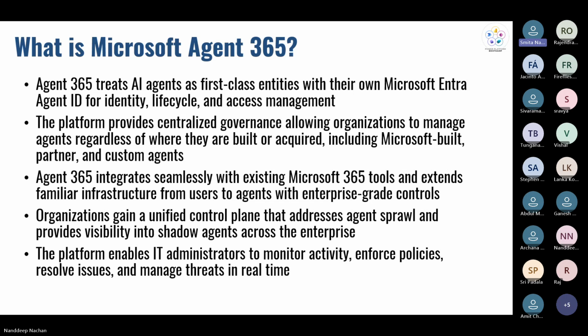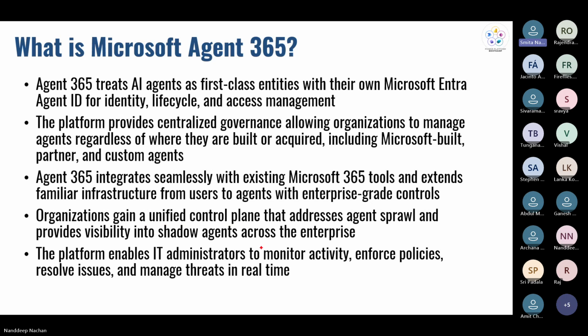The seamless integrations with Microsoft 365. One powerful aspect is integrations, which makes adoption safer as well as faster. Then the unified control panel. Think of Agent 365 as a centralized dashboard for AI agents, with real-time monitoring and threat management.